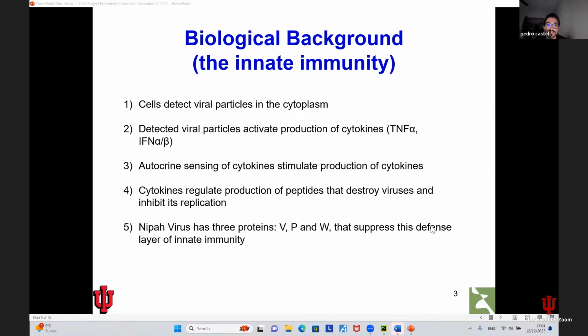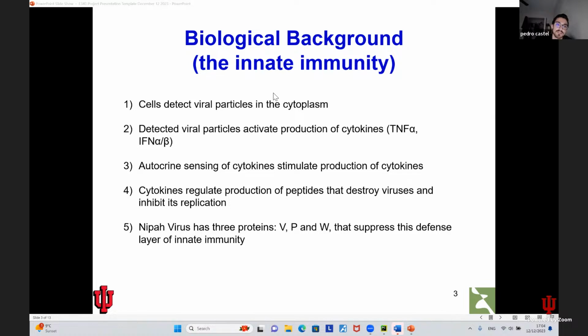When they are exposed to such high levels of cytokines, cells start then to produce peptides capable of destroying the virus and inhibiting viral replication. So this is very important to contain a viral infection, mainly in the first stages of the infection.